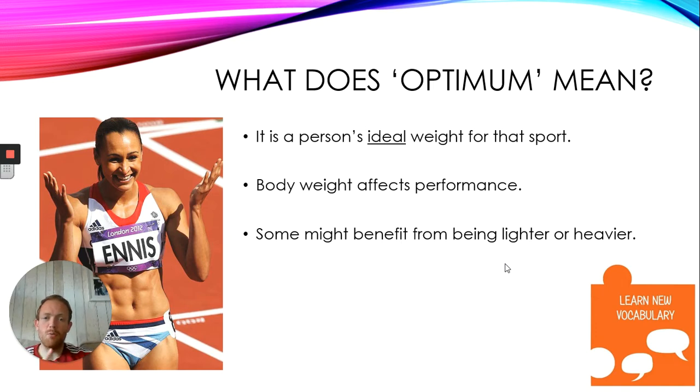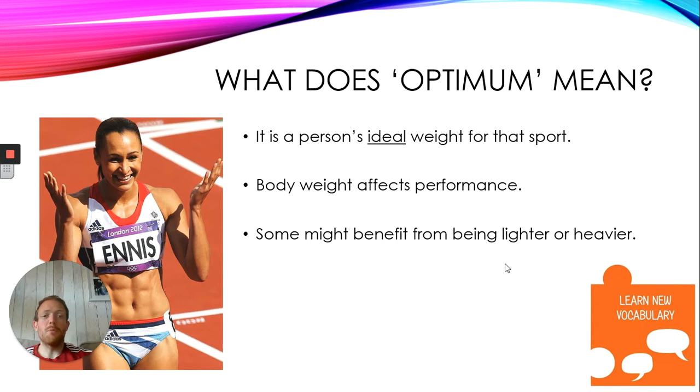Her optimum weight, the best for her, was very low body fat, a high-ish amount of muscle, not too much, but not too little. A lot of lean muscle, what it's called, and she didn't need to be too tall, too short. So you can see where I'm going with this. Her optimum weight will be different to that of, let's say, a rugby player.